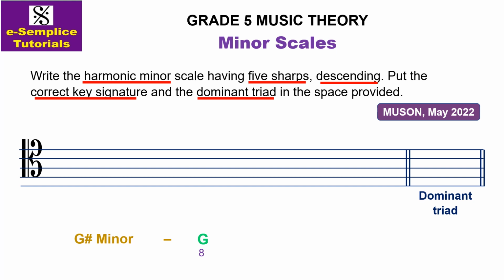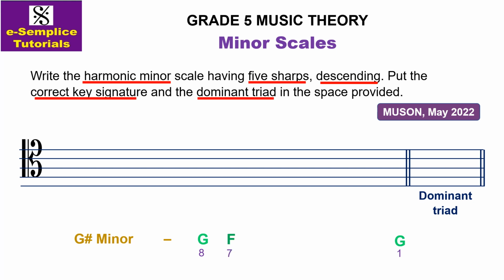This is a descending scale, so the very first note on the stave is going to be the 8th degree because you are descending, and the 8th degree is going to be the same note as the first degree.